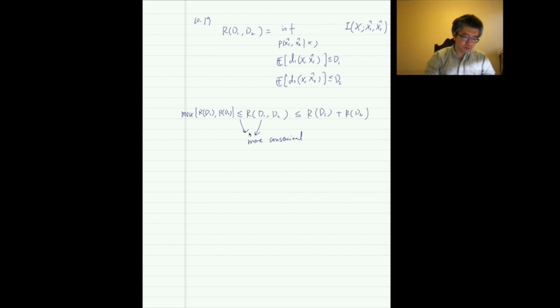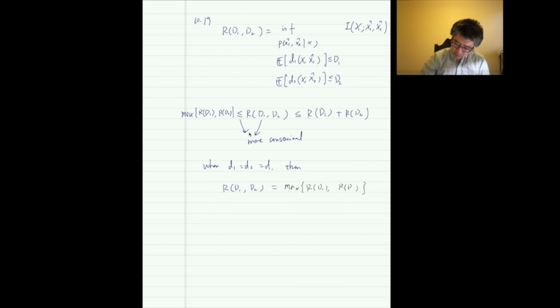But as we said before, if we consider the extreme case when d1 and d2 are the same, equal to d, then R(d1, d2) equals the maximum between R(d1) and R(d2).